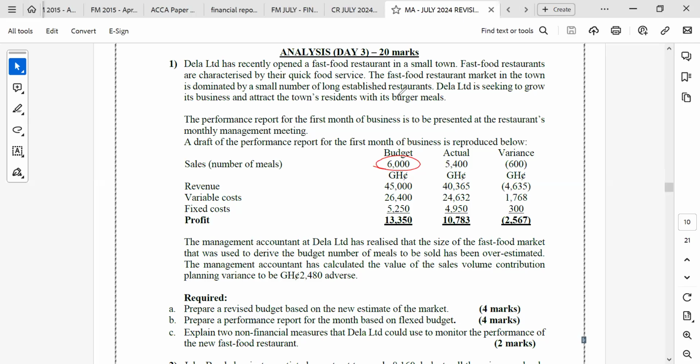The budget has now been given to the middle level people, and they have revised it. After revising, they calculated that their sales volume contribution planning variance will be 2480. How do we calculate the sales volume contribution variance?